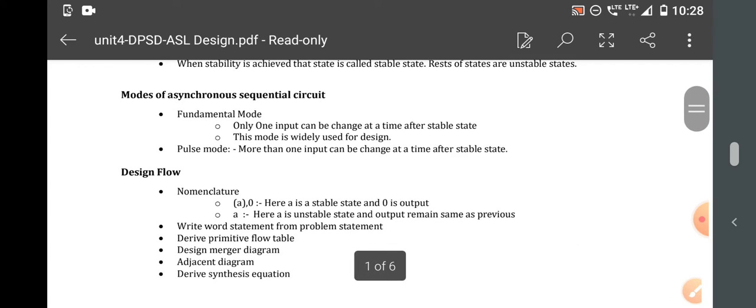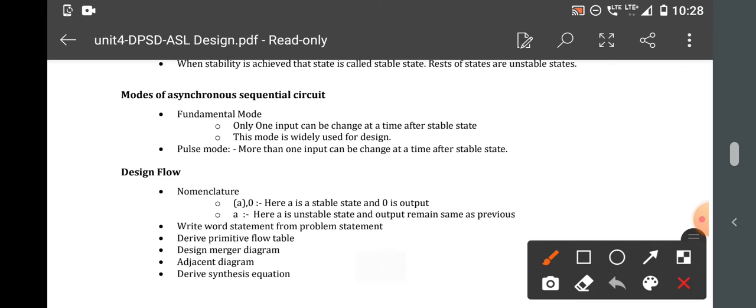So what are the different types of asynchronous circuits? Basically, depending upon the memory element used in the feedback network, we classify them into two types. If we use only the delay element, which is nothing but a direct closed loop system, we call that circuit fundamental mode.